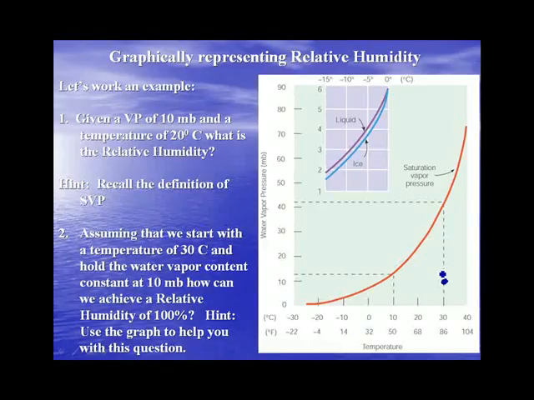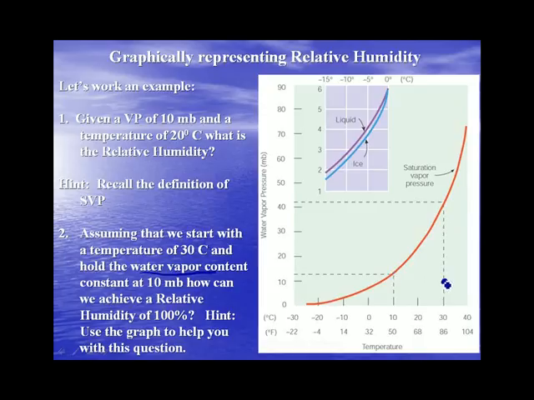And so my question to you is, how can we achieve a relative humidity of 100%? Okay, we're starting at 30 degrees. And we're not going to increase the moisture. So I can't raise this parcel. I cannot increase the vapor pressure. That's increasing the water vapor. I say we hold the water vapor constant. Can you think of any other way to reach this line?